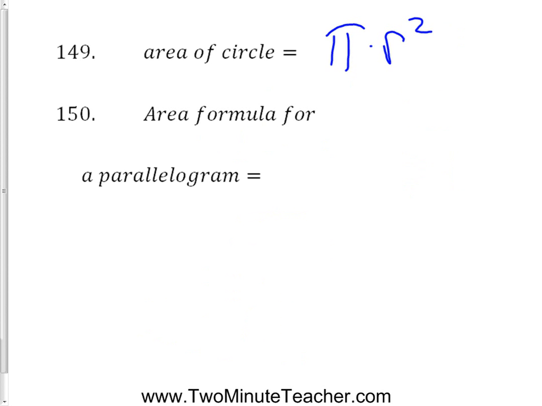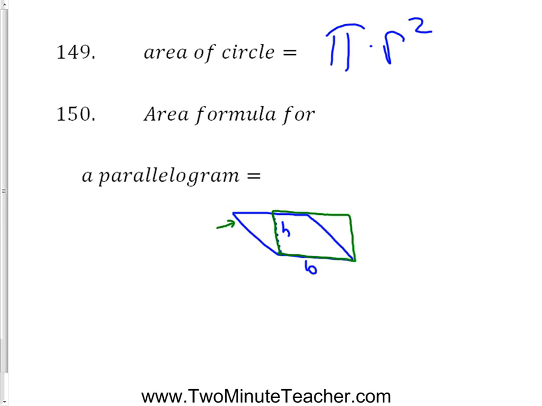Next one, formula for a parallelogram. A parallelogram is basically just a tilted over rectangle. It's like a rectangle that somebody leaned on too hard and it kind of squishes it. Well, basically on this you can use base times height again, because if you think about it, if I pushed this thing back up straight, it would look like that, right? See what I mean?